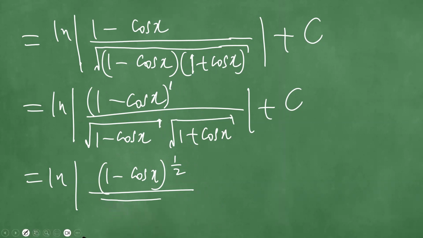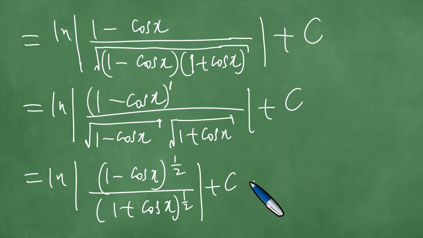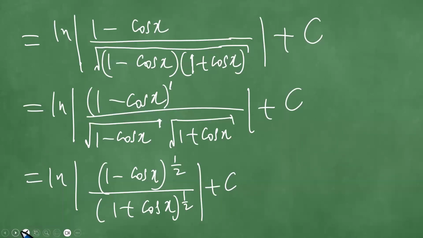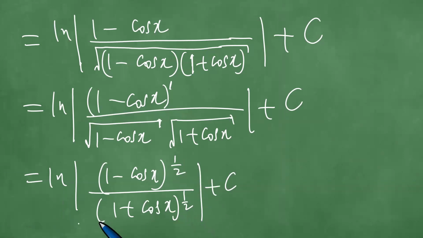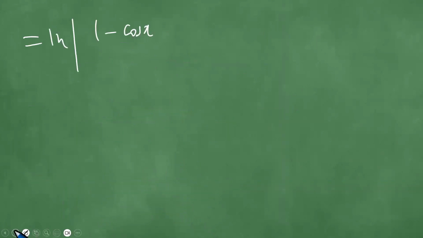the square root of the plus. But you can write this one also. Let's write this one as 1 plus cosine x to 1/2 plus c. And therefore, this equals the natural log of 1 minus cosine x. Okay, so obviously you have to the power 1/2 to the power 1/2. So 1 plus cosine x.